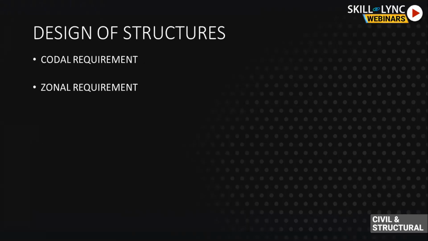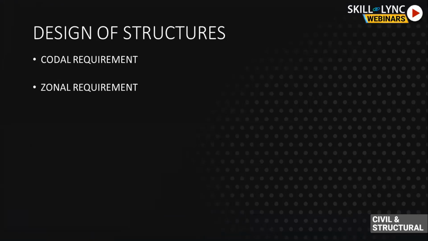Now design of structure. To design a structure, we basically need to go through the codes. If it is an Indian project, we have to go through the Indian code. We have to go through the zonal requirements. What is the wind velocity there? What are the seismic parameters there? We need to go through these things. We need to go through the client specifications, where you will find the requirement of the project, the requirement of the building, why the building is required.